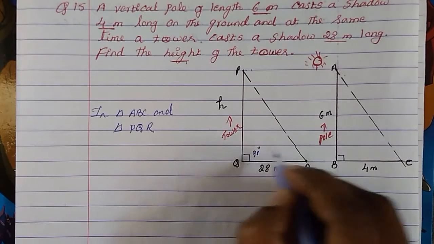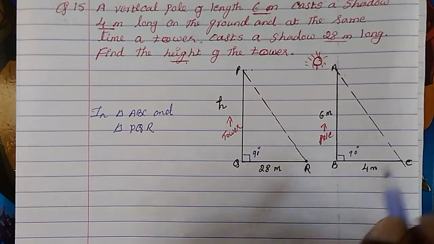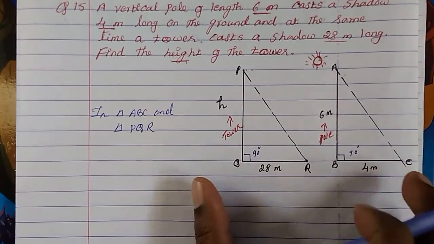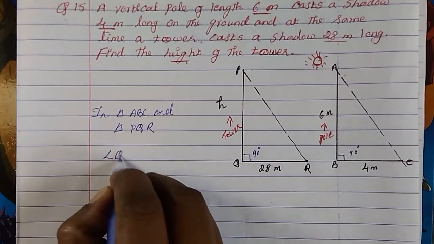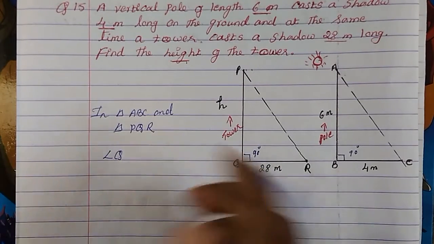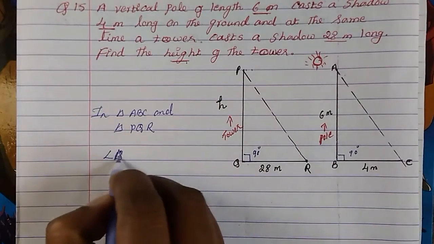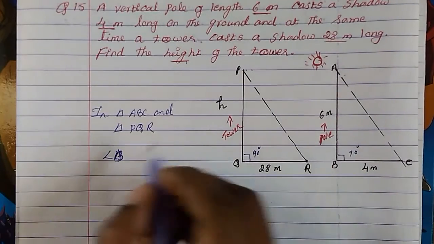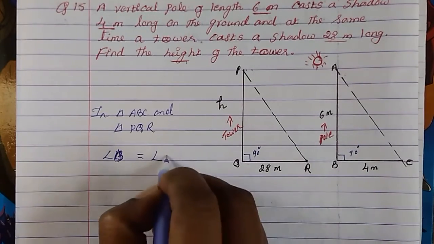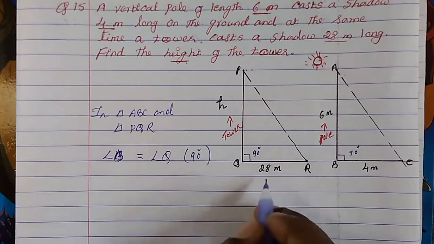So here also it will be 90 degree, here also it will be 90 degree. I first wrote ABC, so let us take angle B. So angle B is equal to angle Q because both are 90 degree.